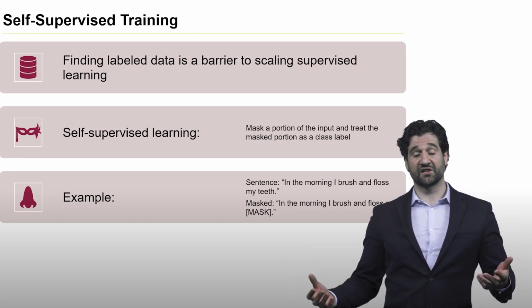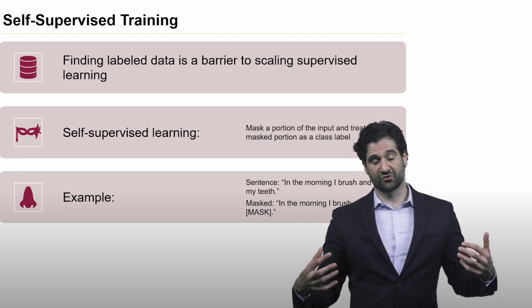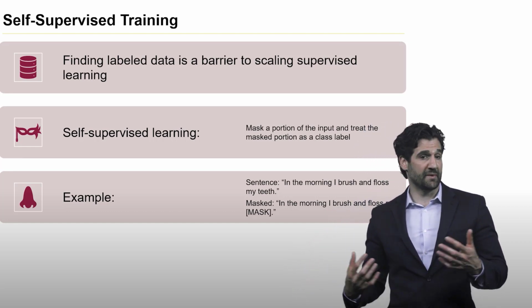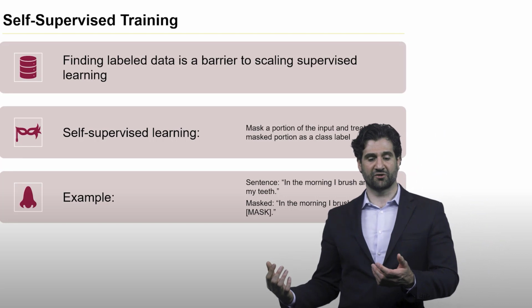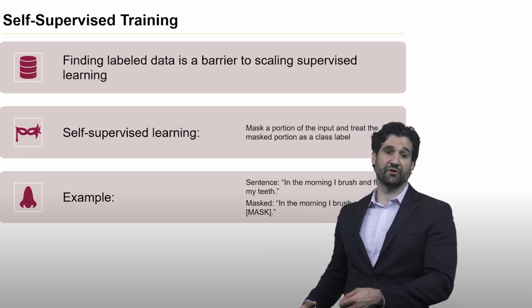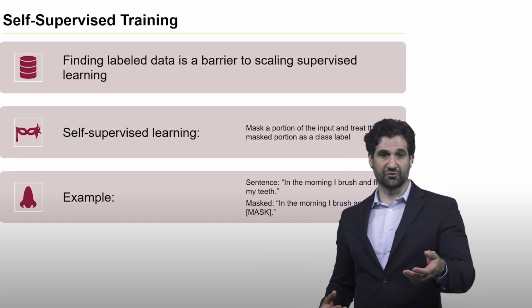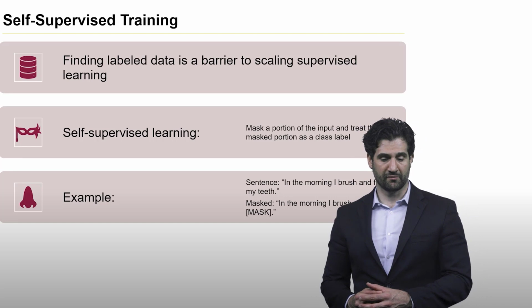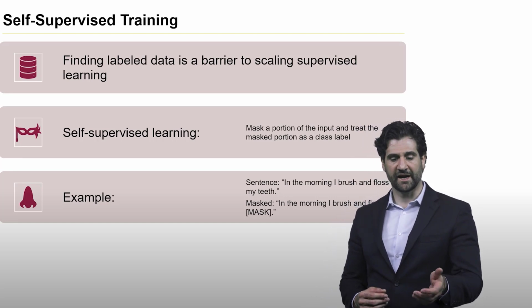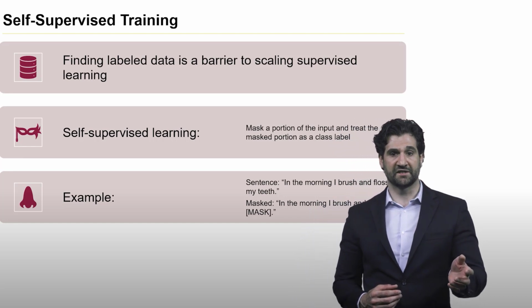So this idea of self-supervised learning is saying, hey, we've got this textual data. If we mask part of it, or if we arrange it in a certain way, we can draw conclusions from that without relying on labeling. So this idea of masking, which is one of the things done with the BERT model, is you might have a sentence like this: in the morning, I brush and floss my teeth.